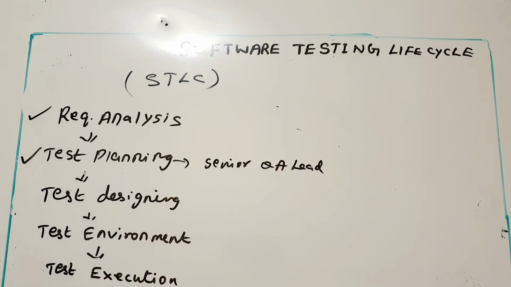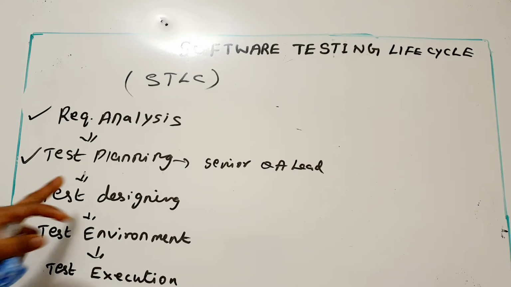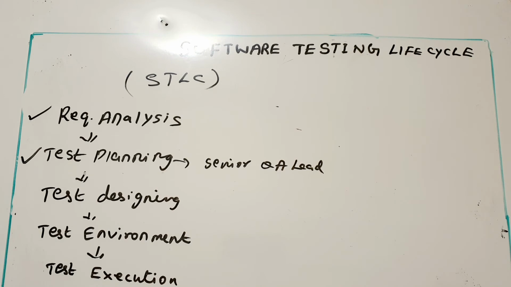This document tells us what to test, what things we are going to test, and what tools we are going to use for that particular process. For example, are we using a project management tool like Jira or a defect management tool like Bugzilla, or any automation tools? Those things will be included in the test planning.